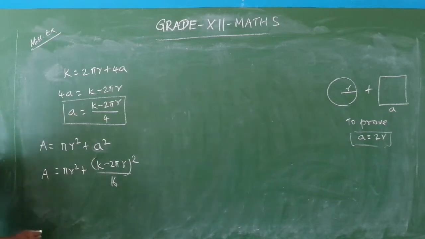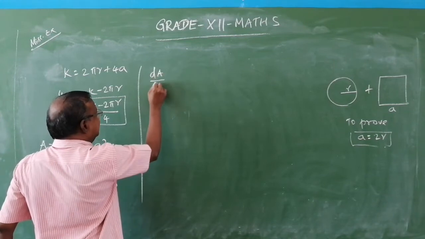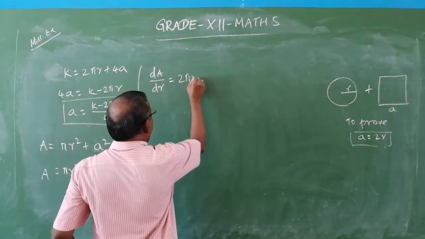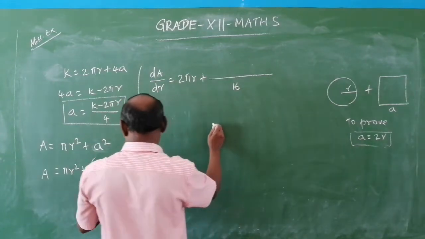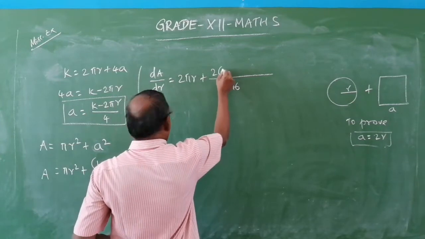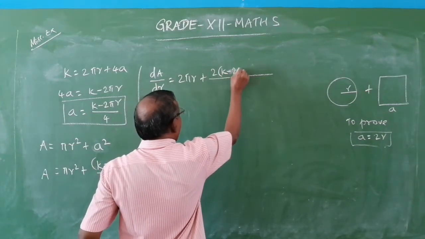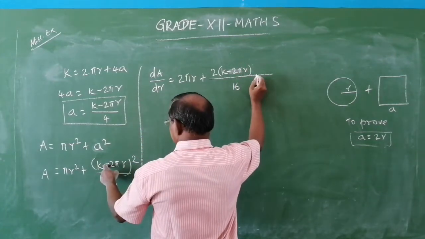Now dA by dr equal to 2 pi r plus, the denominator is constant, that is 16, the numerator is 2 into k minus 2 pi r into minus 2 pi.